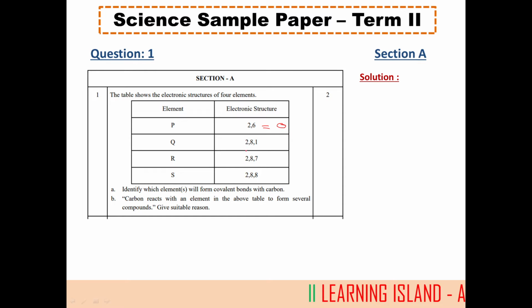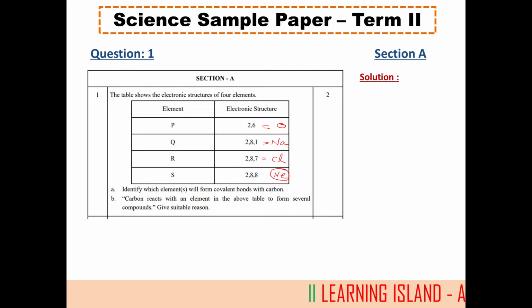Now this will be the structure of Q, which is sodium. And this is the structure of chlorine. And this is the structure of neon. It is called the inactive gas.